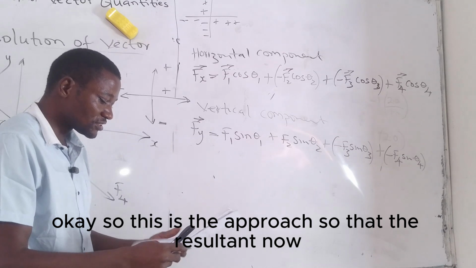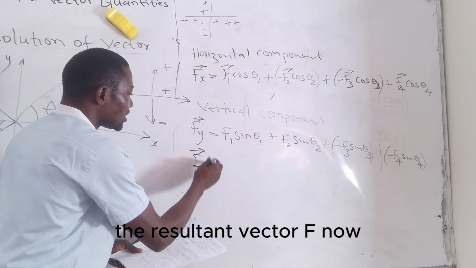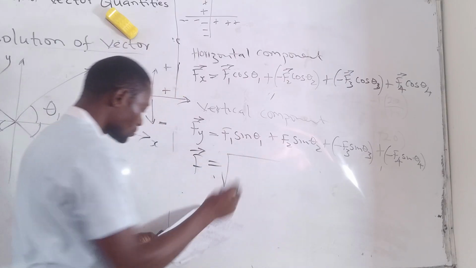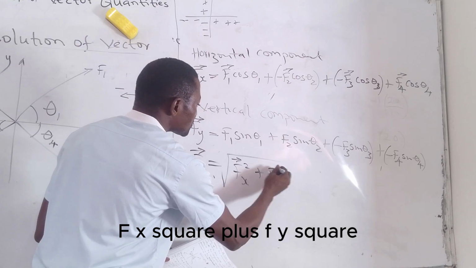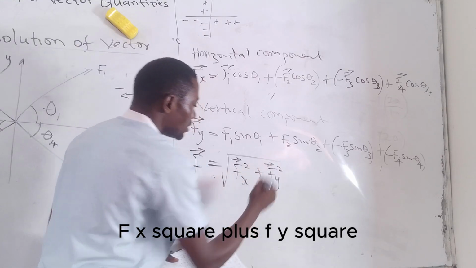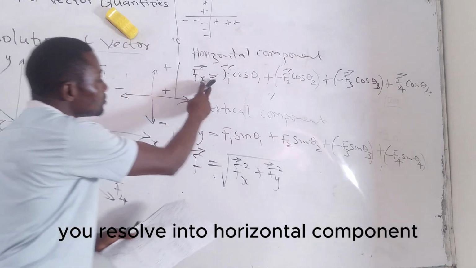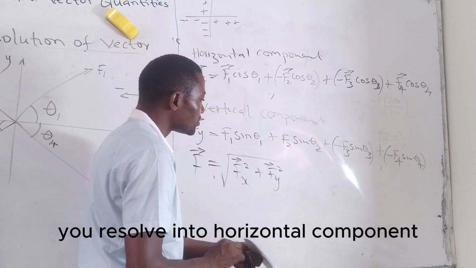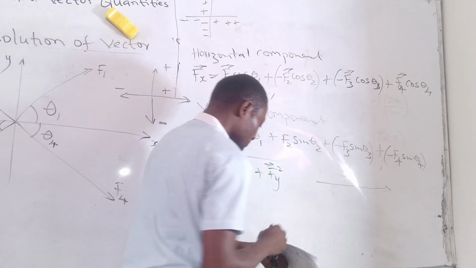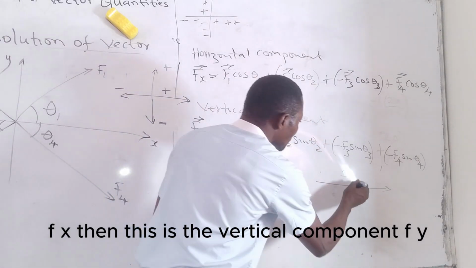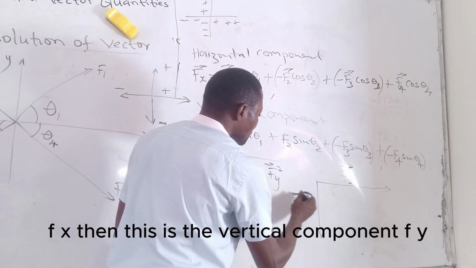Okay, so this is the approach, so that the resultant vector F will be Fx squared plus Fy squared. So all we are saying is that if you have a complex vector like this, you resolve it into a horizontal component, this is the horizontal component Fx, then this is the vertical component Fy.